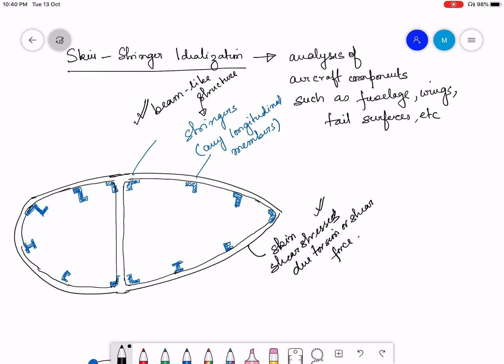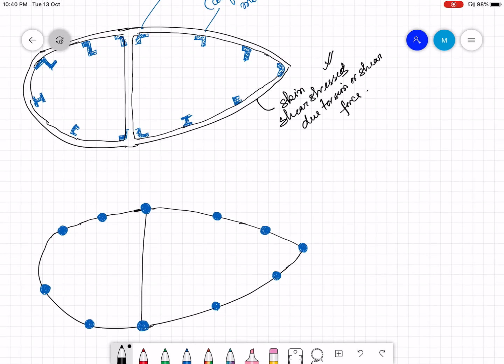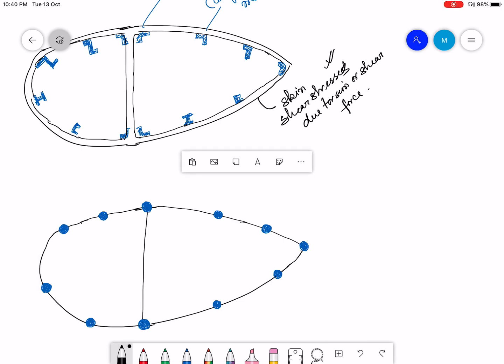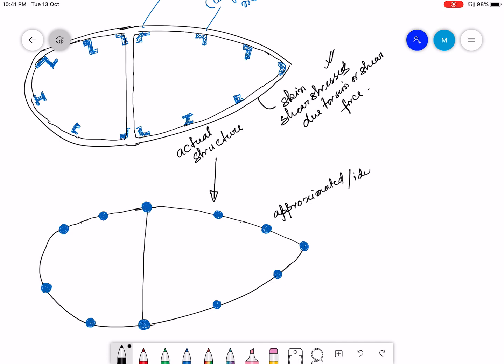So there comes the skin-stringer analysis, idealization, where you approximate this configuration, the actual structure, into an approximated or idealized structure, which will be much easier to analyze.